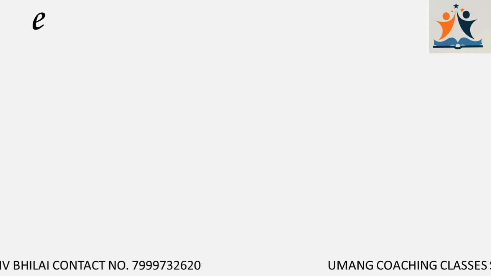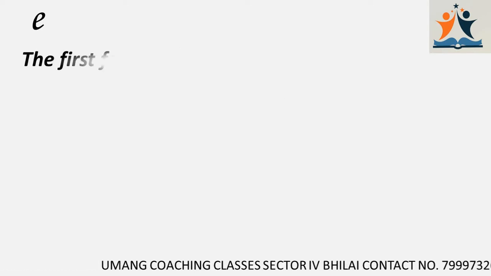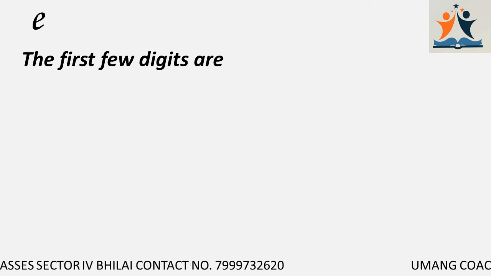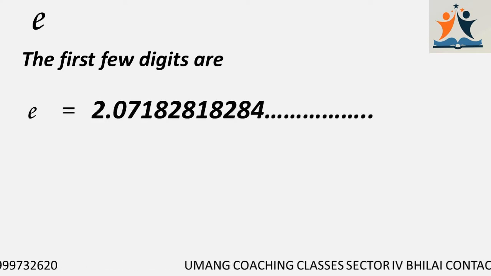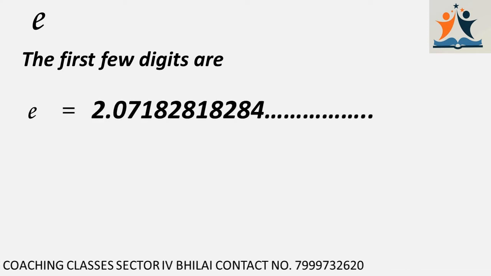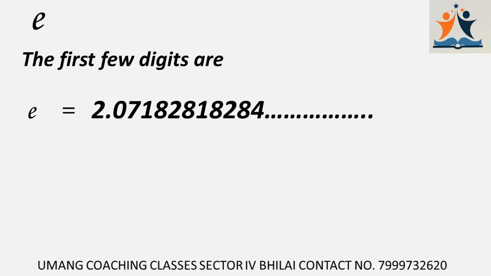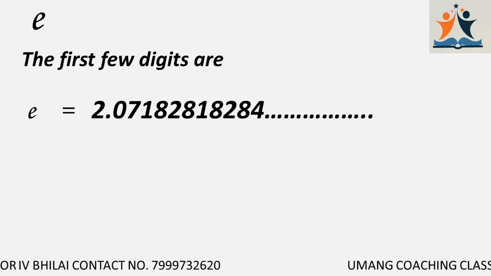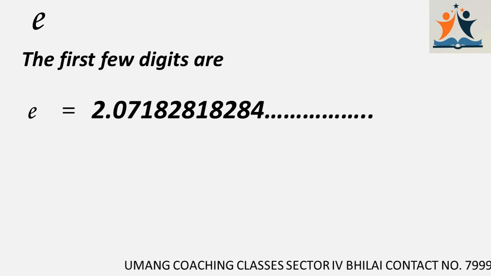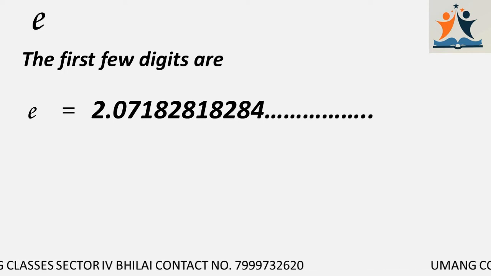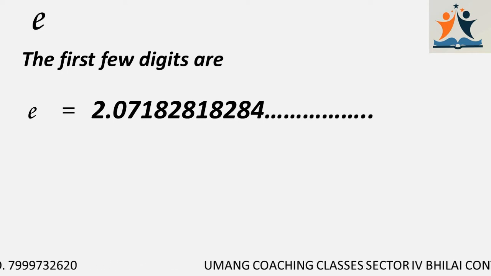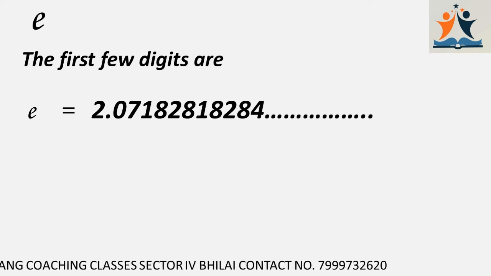So what is the value of Euler's number? The first few digits of Euler's number, see, it has a lot of decimal places. We are only seeing a few digits. Now Euler's number is equal to 2.7182818284. There is no repetition. Okay, so this is an example of an irrational number.